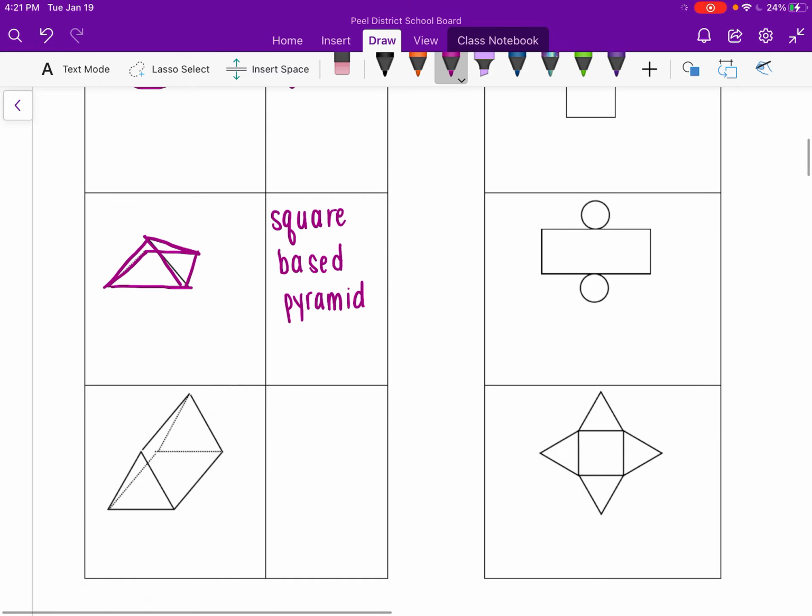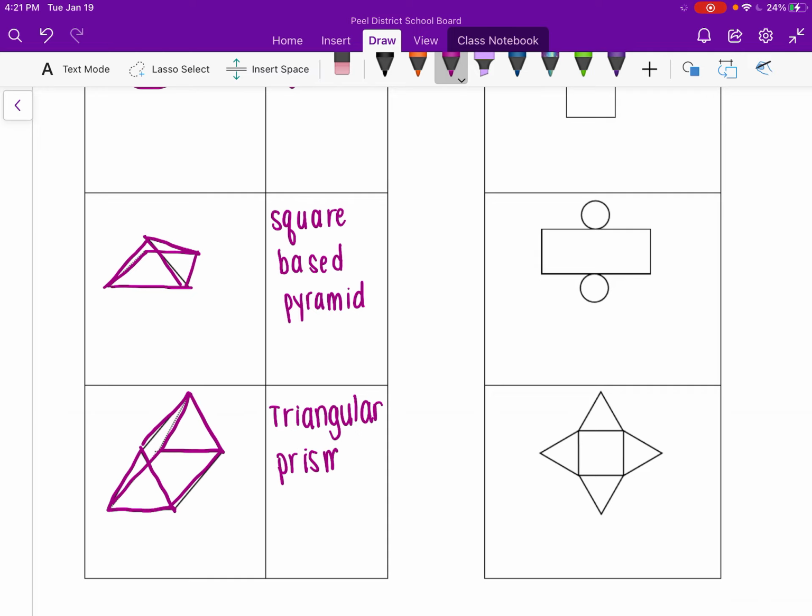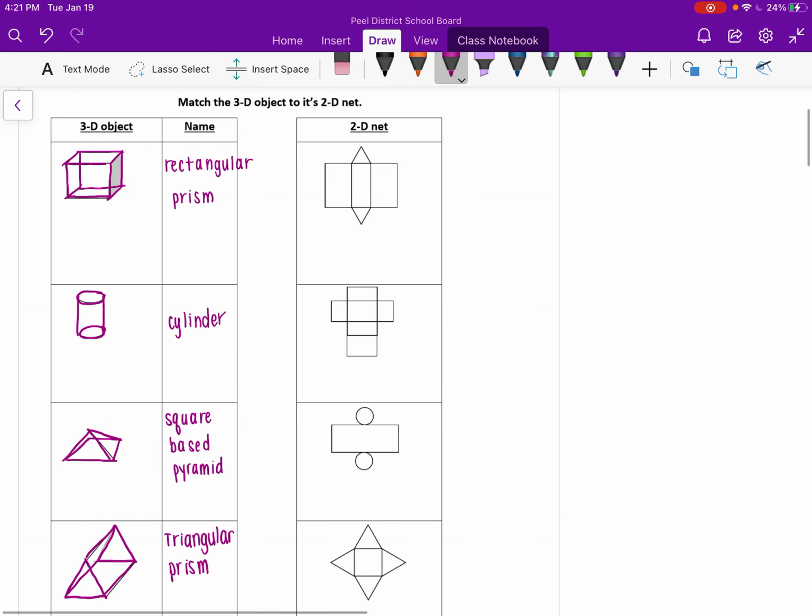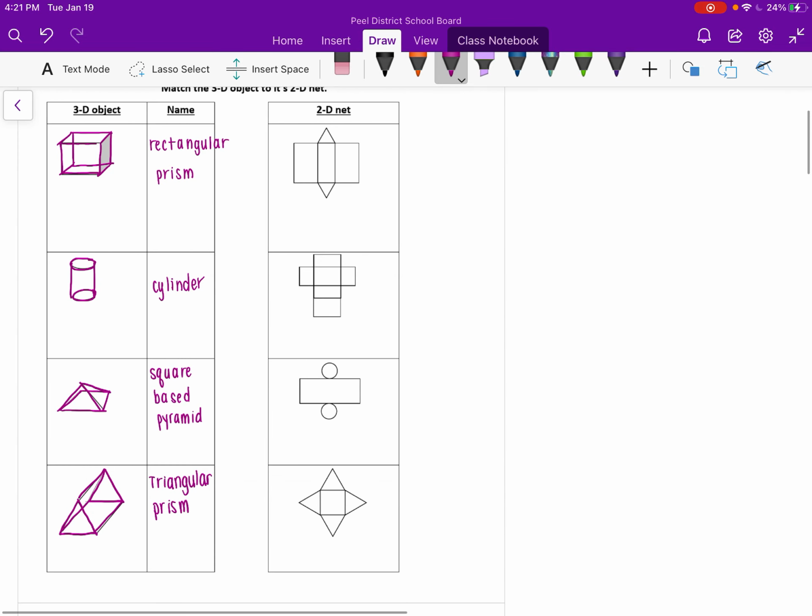And then last but not least, you have a triangular base, and they're connected via parallel lines, right? So this is something we call a triangular prism because prisms are always connected via little rectangles. So I'm just going to go back here and say, all right, we labeled all of them.